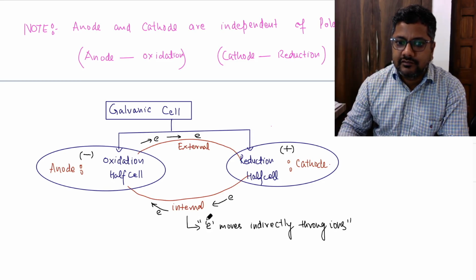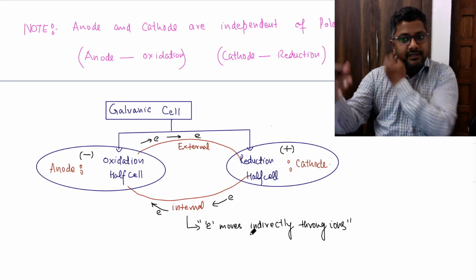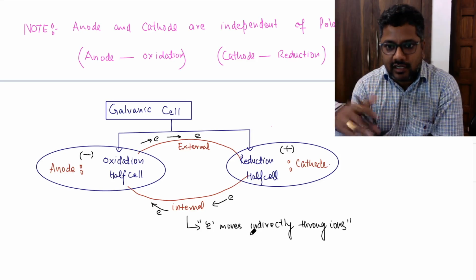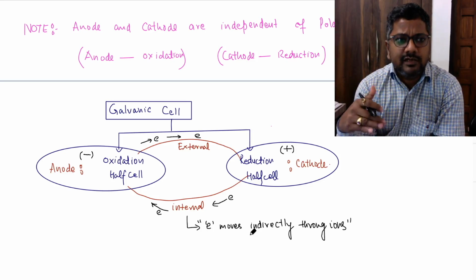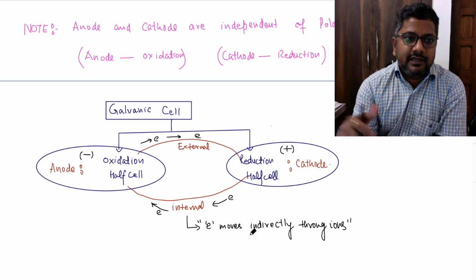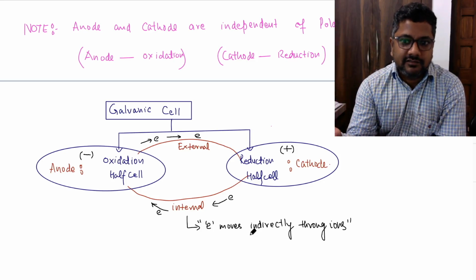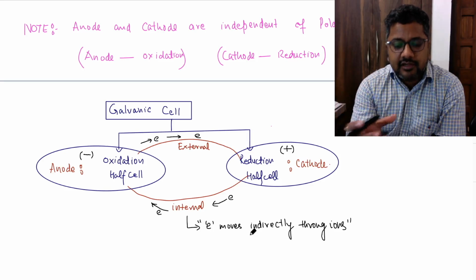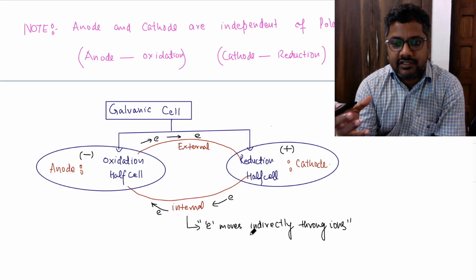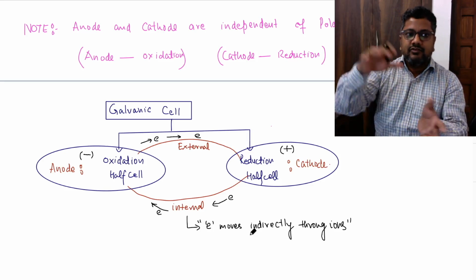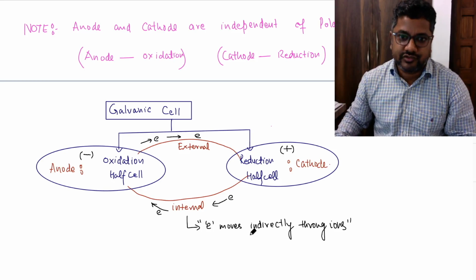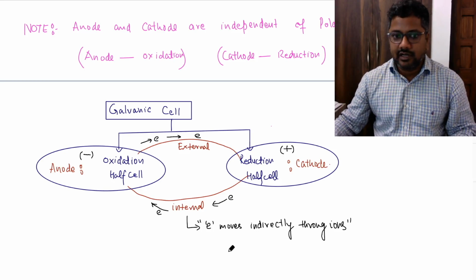There is a movement of ions taking place, and through the ions, electrons apparently move, and so the circuit is closed. Okay, so now it is clear.